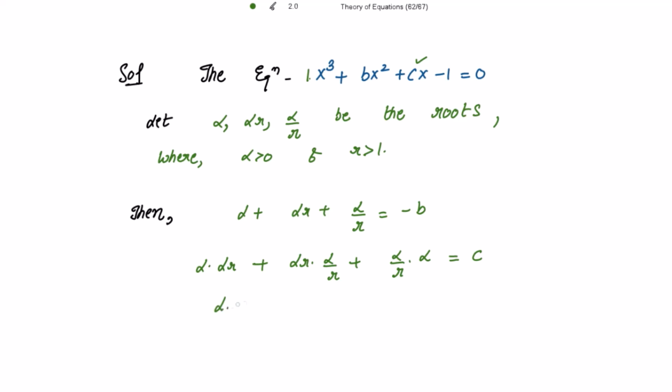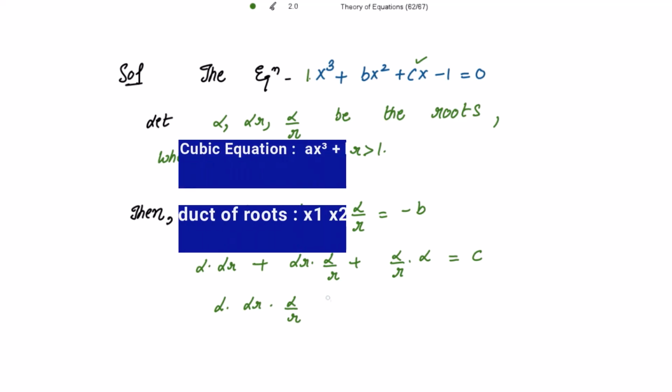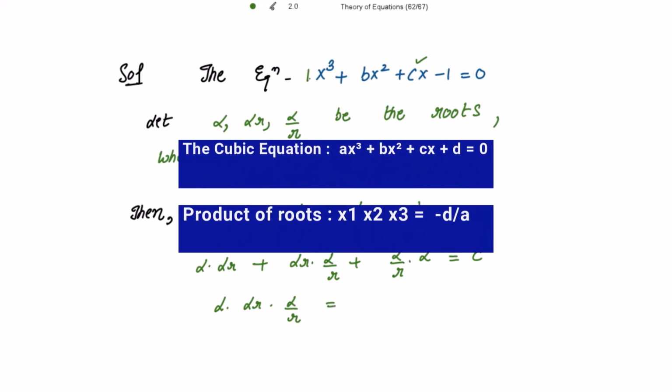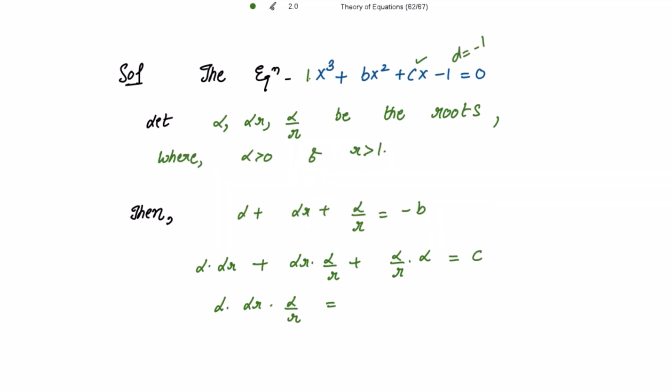Then alpha into alpha r into alpha divided by r, the product of all these three roots, is equal to negative d over a. Here d is negative 1, right? So negative d over a is positive 1. Please mark this as 1, this as 2, and this equation as 3.